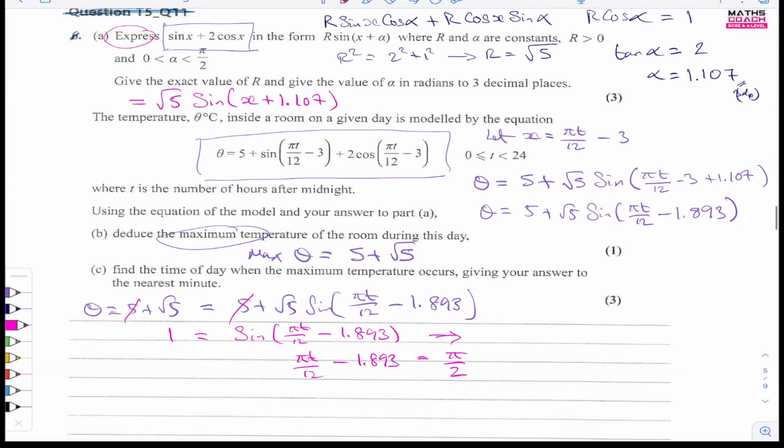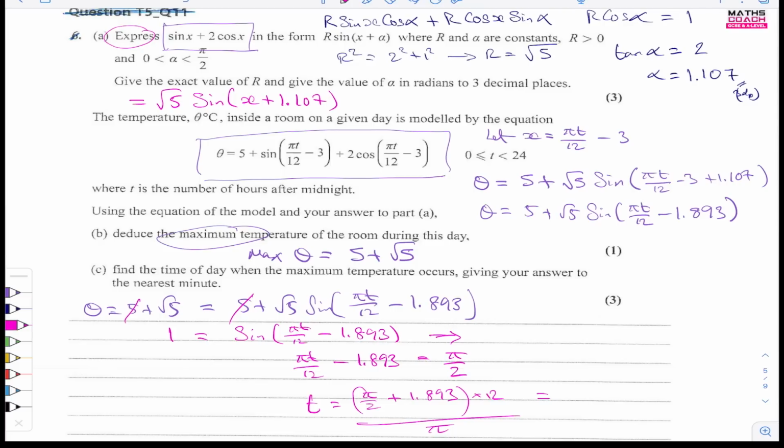Obviously we want the answer to be positive, so it looks like this will give us a positive value, so we don't need to figure out the next available solution. So if we rearrange and make t the subject, that's just going to be pi by 2 plus 1.893, and then multiplied by 12, divide that by pi, so it's doing all that in one go.